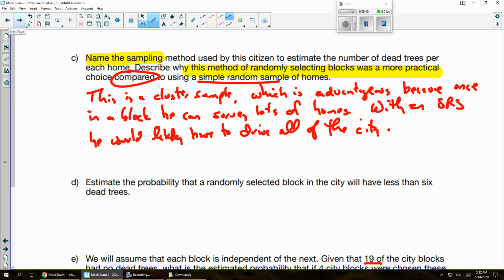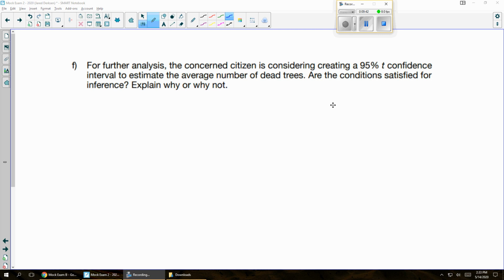Letter F. We want to know about the conditions for inference here. It's a t confidence interval. And so we need to know, is it random? Is the 10% rule met? And do I have normality from large counts? Well, it is random.